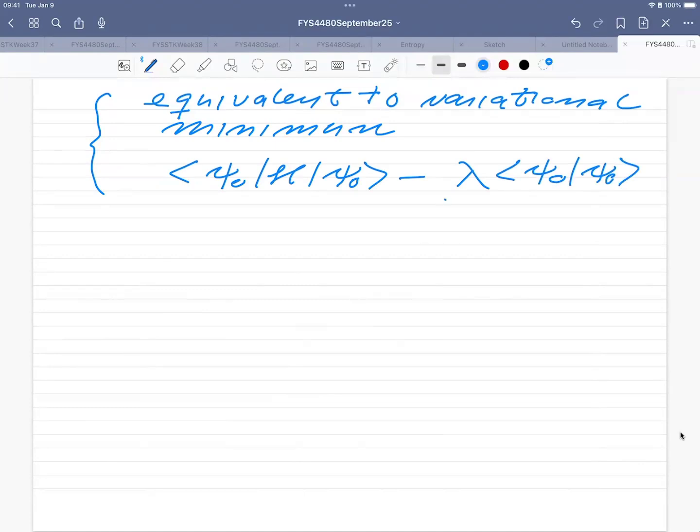In this specific case, this parameter is called a Lagrangian multiplier, which is a constraint you bring in because you have some variables which are not fully independent, because you have a constraint on the wave function that it has to be normalizable and orthogonal. So this is called a Lagrangian multiplier.